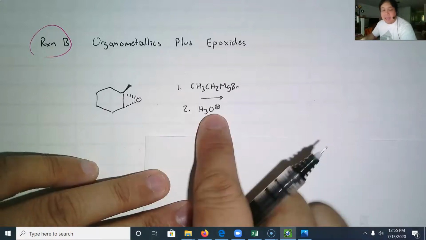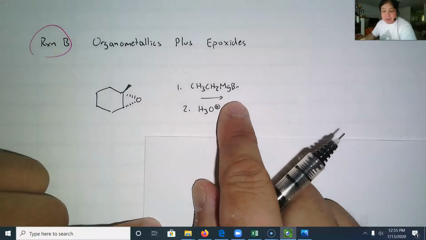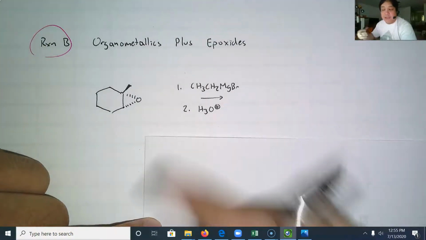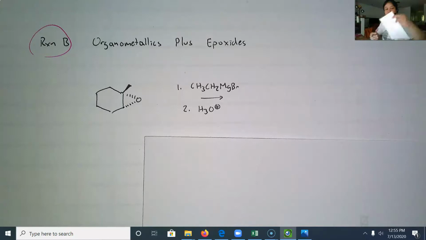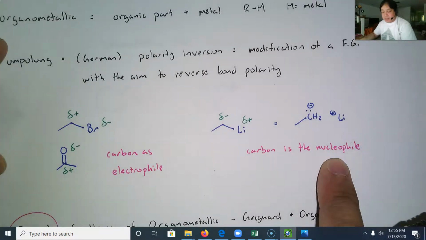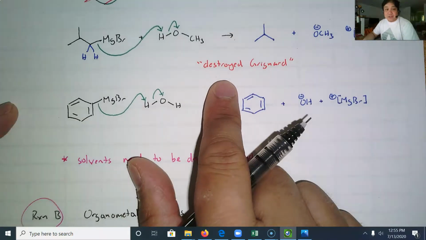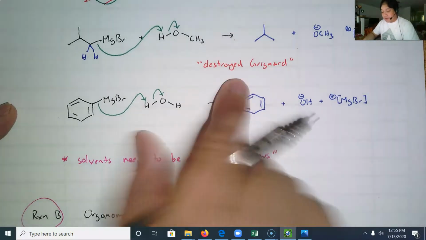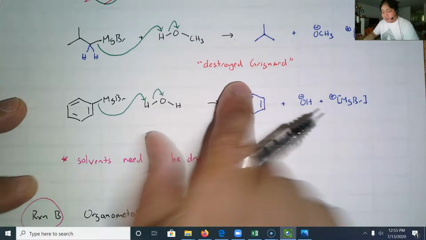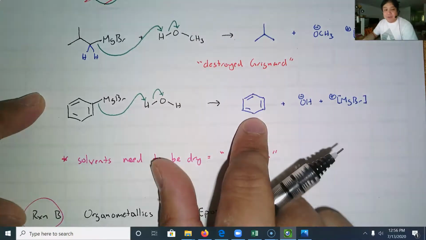By the time acid comes into play, the Grignard has done its job. The Grignard had attacked, because your organometallics are going to act like nucleophiles. Typically they act as nucleophiles. When they acted like a base here, that was unintentional. Normally you don't want to do this. I can't think of a reason why you would, unless you want a fancy way to get back to the hydrocarbon. But forget about that.